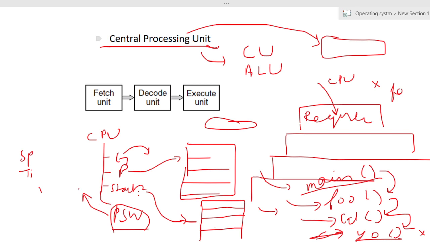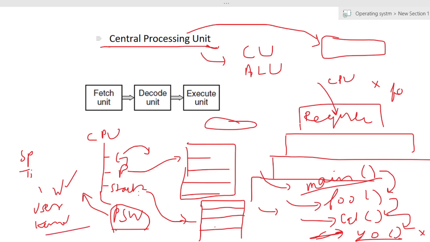Some of those instructions are like in which mode it is executing. Is it executing in user mode or kernel mode?